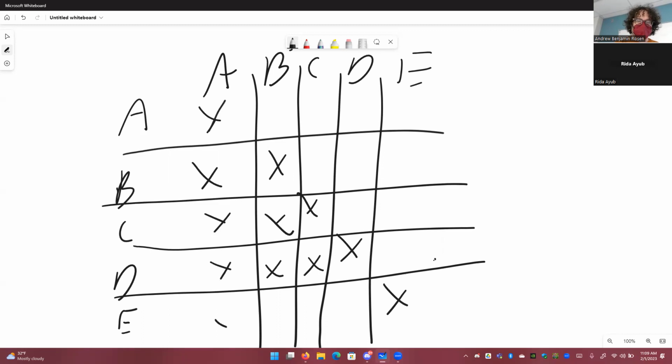So I'll just cross these off, and now we're left with 4, 3, 2, 1: 4 comparisons plus 3 comparisons plus 2 comparisons plus 1 comparison. If you extend this out all the way, you get something very similar to 1 plus 2 plus 3 plus 4 plus 5 plus 6 plus 7 all the way up to n. It's technically n minus 1 comparisons, 1 all the way up to n minus 1.